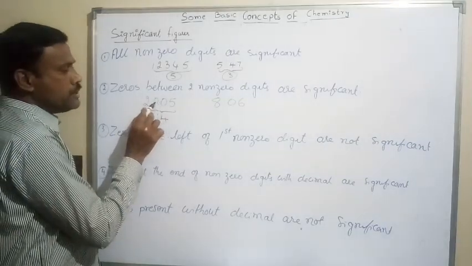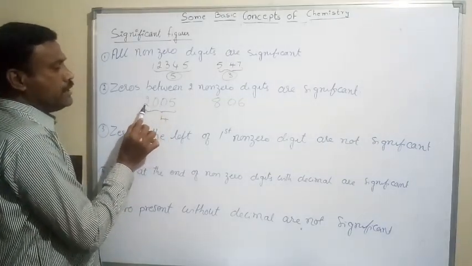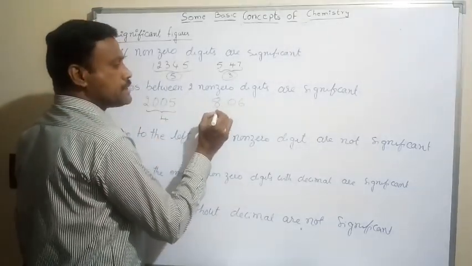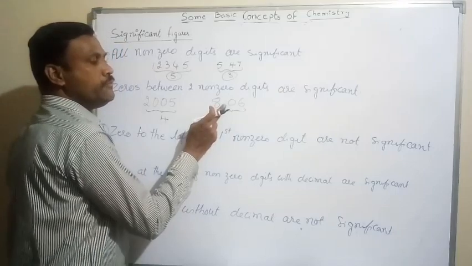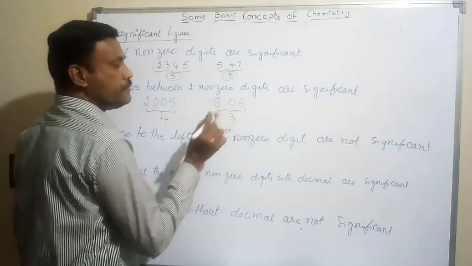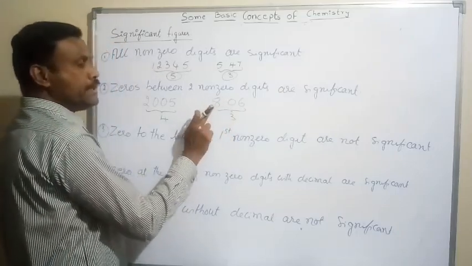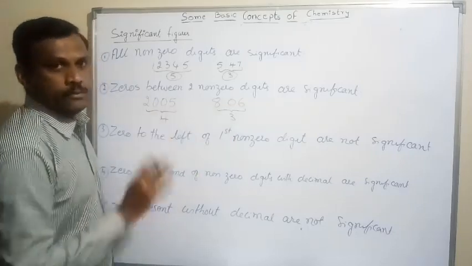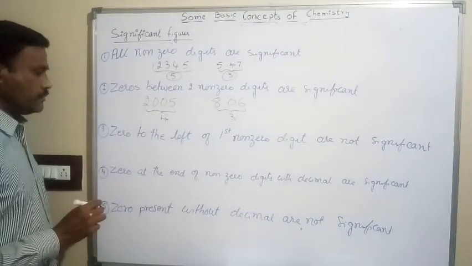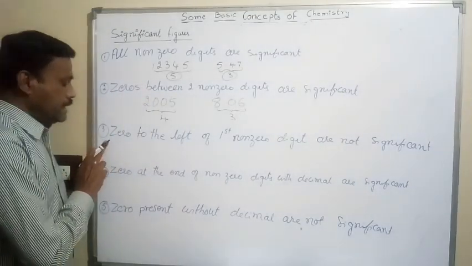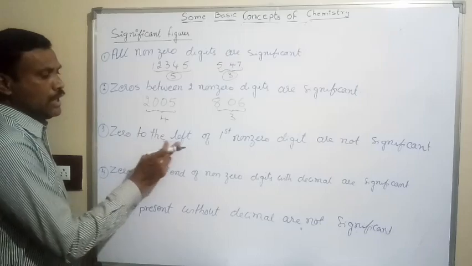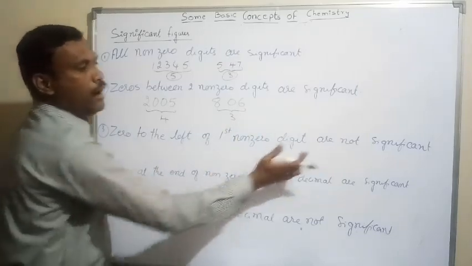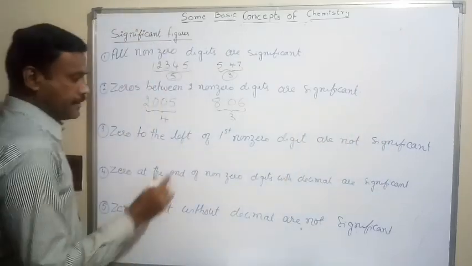There are 2 zeros between 2 and 5. In the second case, the total number of significant figures is 3. Zeros between 2 non-zero digits are significant.